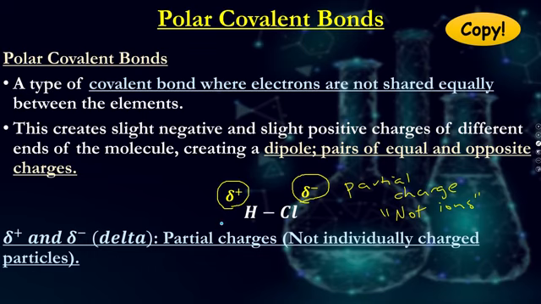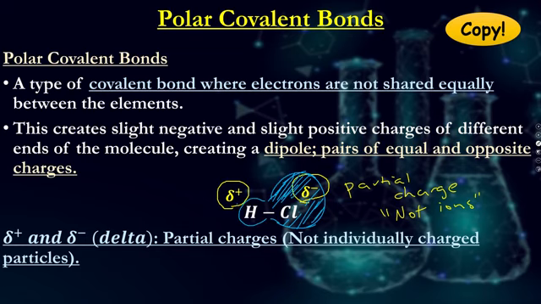So we know that hydrogen is less likely to attract electrons towards itself, and then chlorine is more likely to do that. So what you would actually see in the bond is chlorine. If I try and draw the electron cloud, chlorine would be more focused, so a bit bigger, and then hydrogen would be a bit smaller.